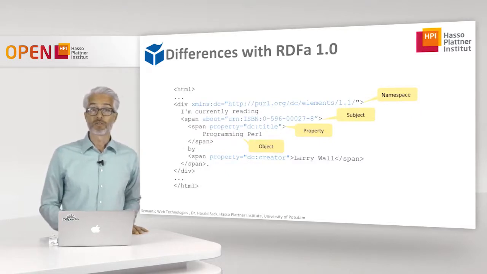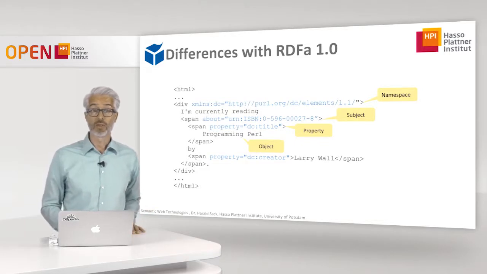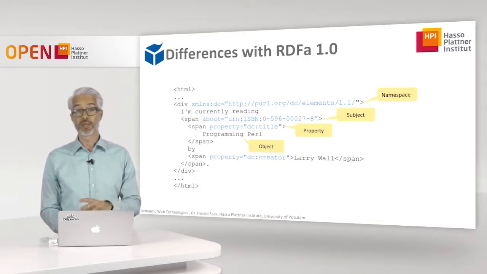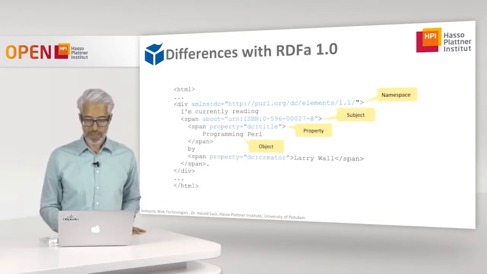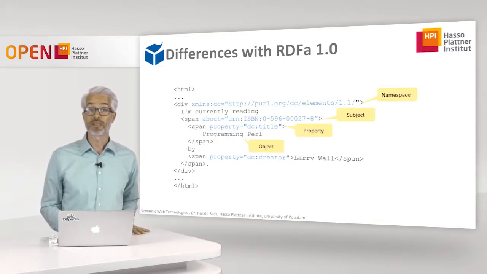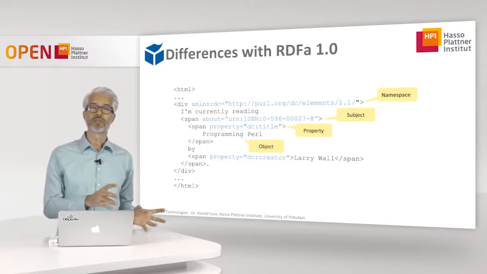So just have a look at the old version, RDFa 1.0. Of course, XHTML is still around out there, and therefore we are talking about an HTML file which is encoded in XML, and therefore, if you want to include RDFa, it's very similar, but here you use a namespace from the XML namespace definition in your div tag, for example, where you define elements from Dublin Core, and then I can define in a span, instead of resource, I use about.